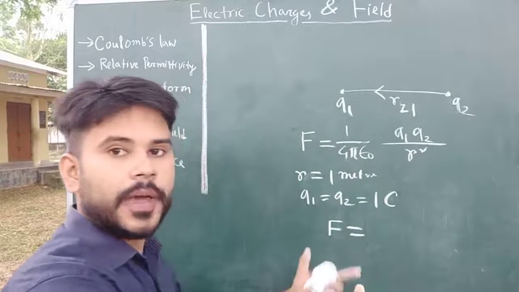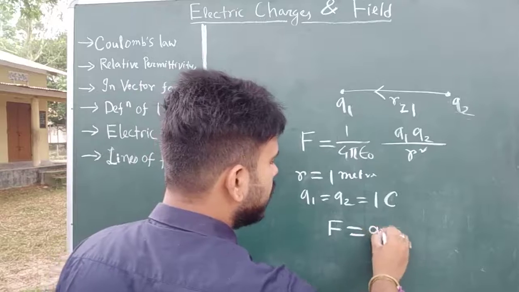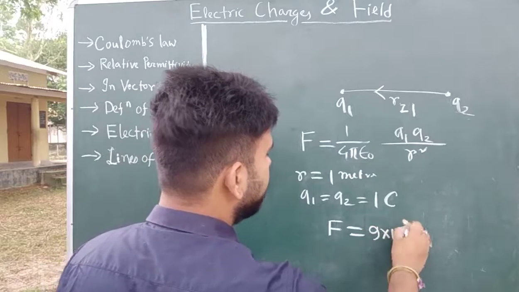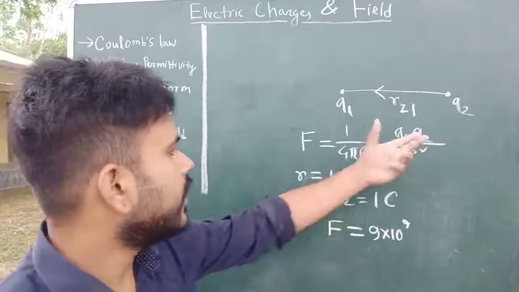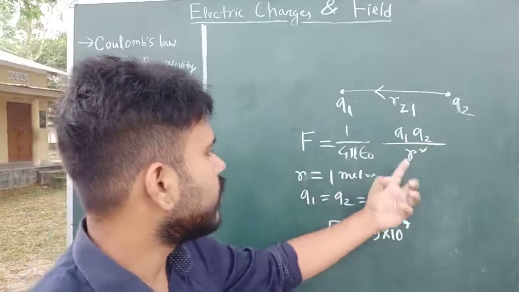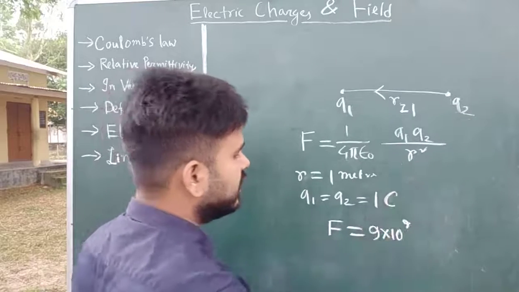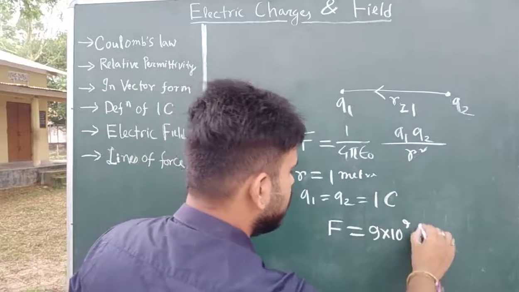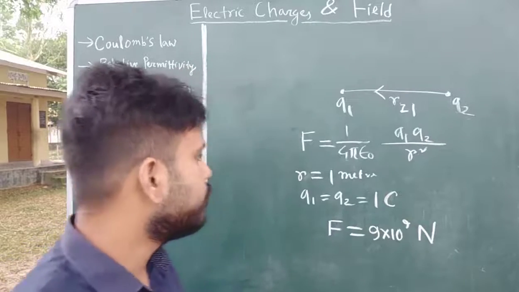So 1 by 4 pi epsilon naught is 9 into 10 to the power 9. Then Q1, Q2 are 1 coulomb, and this is 1 square. This part is basically 1. So we get 9 into 10 to the power 9 Newton.